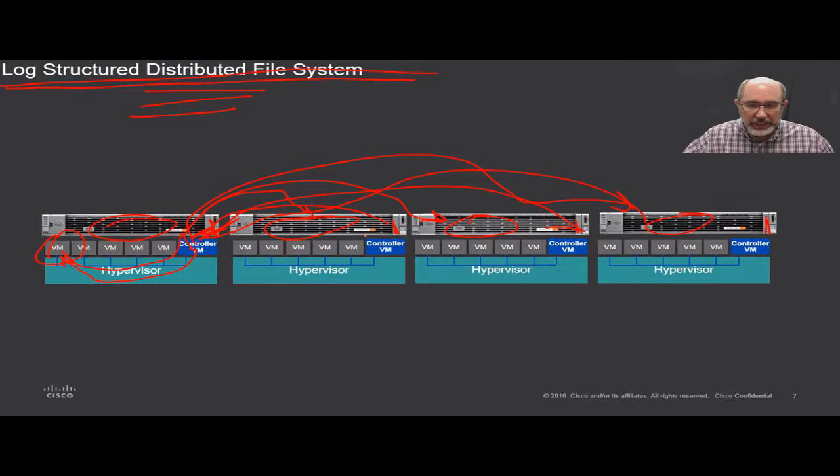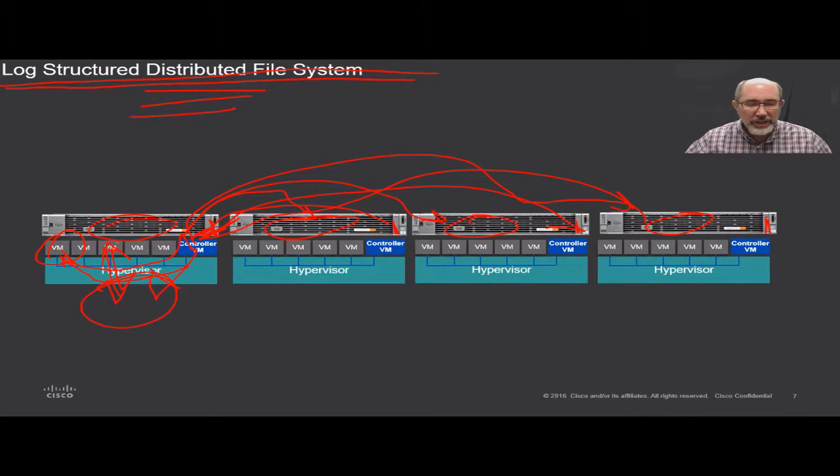So really, that's what it's all about. It's not having local bottlenecks. Let's take the read example. So the VM needs to read data. It will not be going to local. It will be going to data coming from across the entire cluster, leveraging the entire cluster. So there's no localized performance issues.